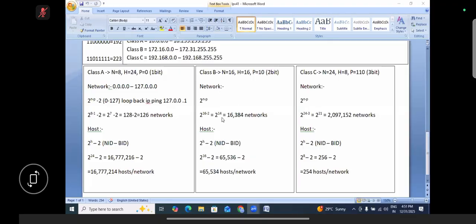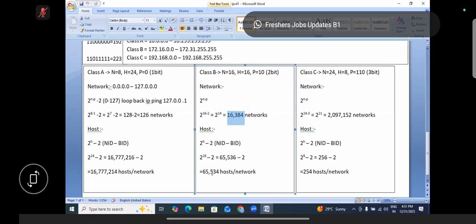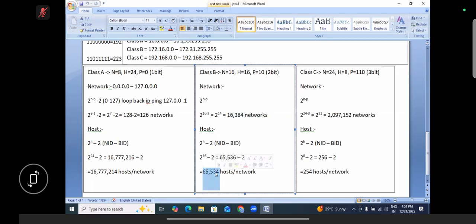Right. So let's see, guys. Now we are substituting the values into those formulas. How many networks will we have? 16,384 networks we can deploy with the help of class B. How many hosts in each network? 65,534 hosts we can connect into each network.